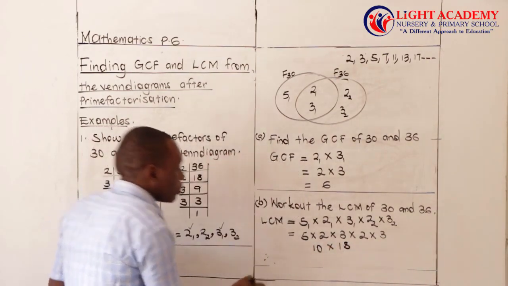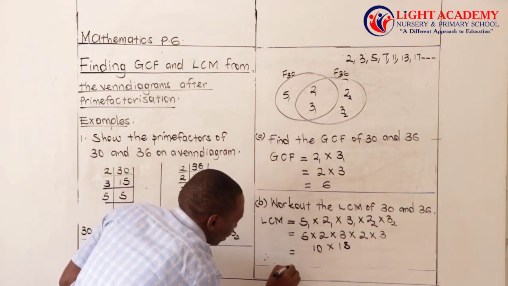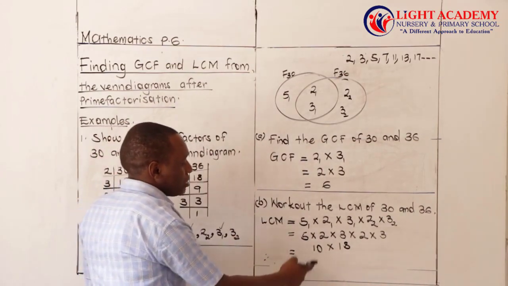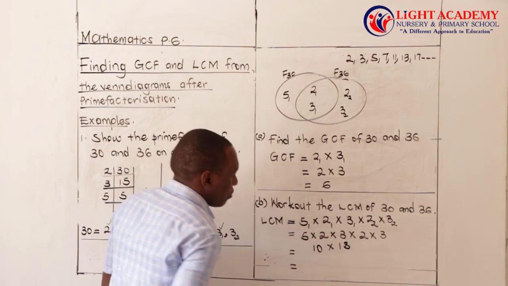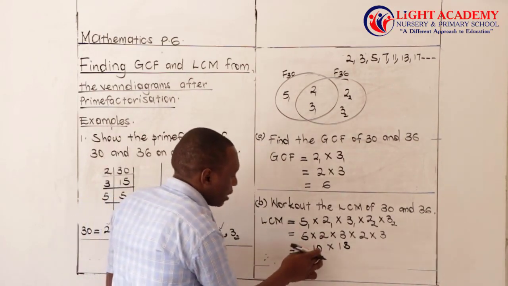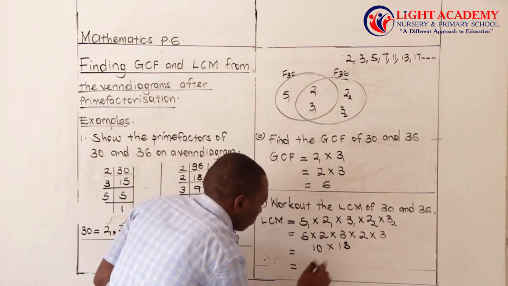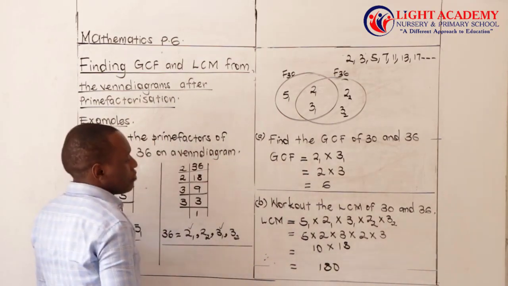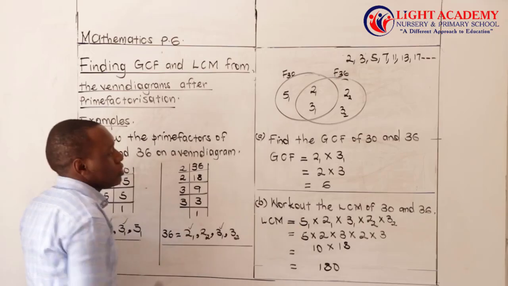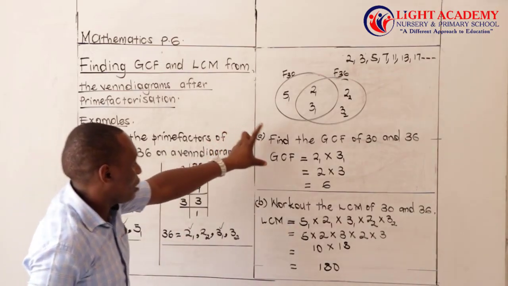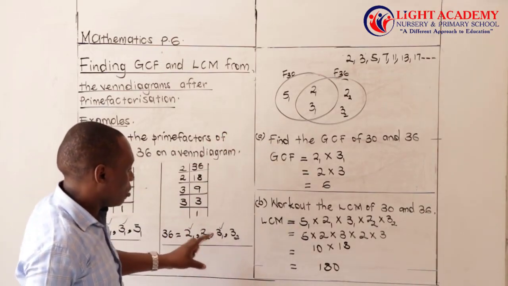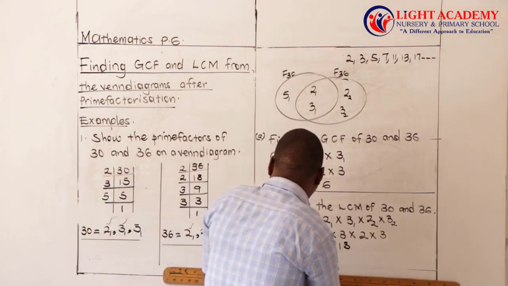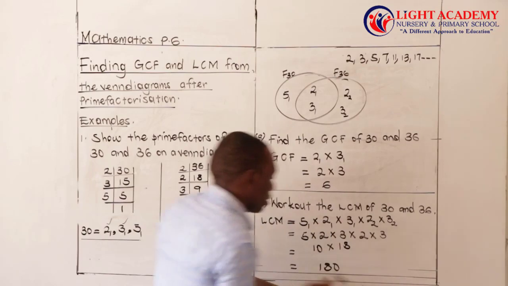So when I multiply it completely, when I multiply 10 by 18, the answer I get is 180. Therefore, the LCM of those two numbers, using the Venn diagrams after prime factorization, shall be 180. That will be the way to go about that question.